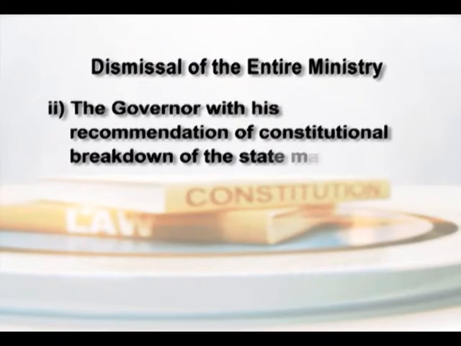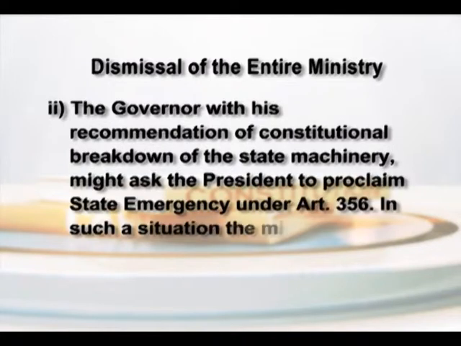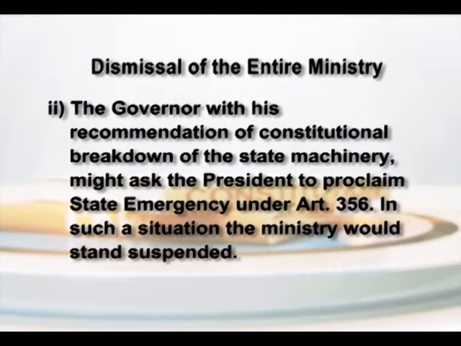Secondly, the governor, with his recommendation of constitutional breakdown of the state machinery. In other words, if the governor recommends that there is a constitutional breakdown of the state machinery, then he might ask the president to proclaim state emergency under Article 356.